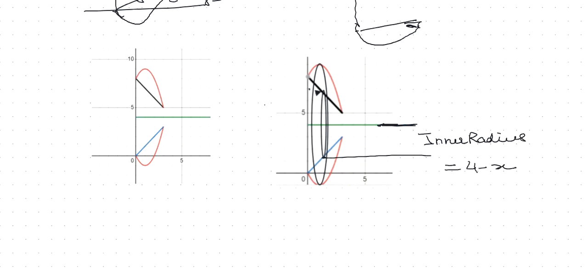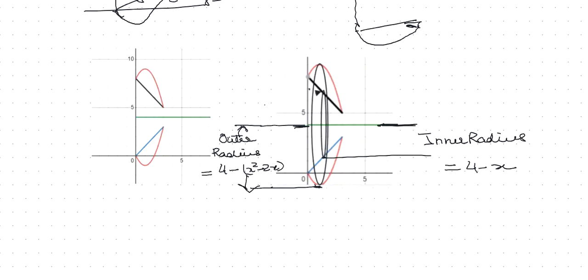Okay. And the outer radius is 4 minus (x square minus 2x). This will be the outer radius of the ring from here to here. Okay.